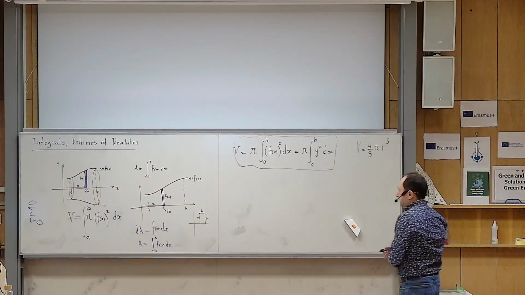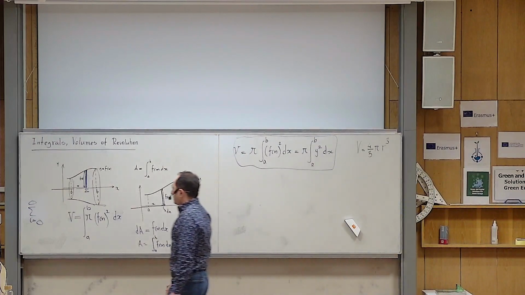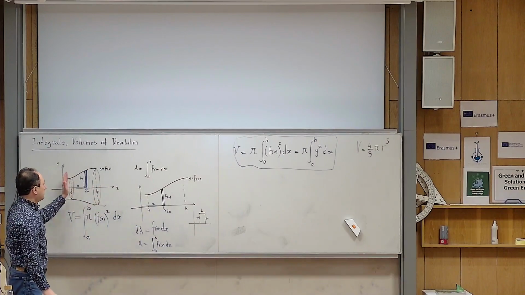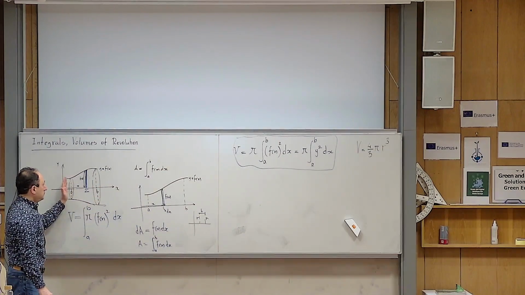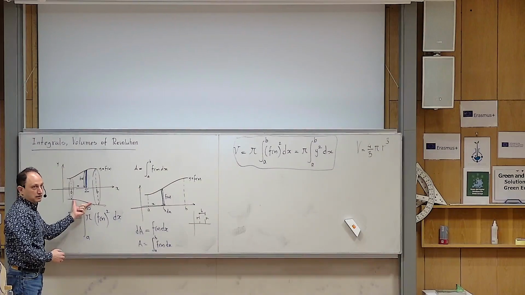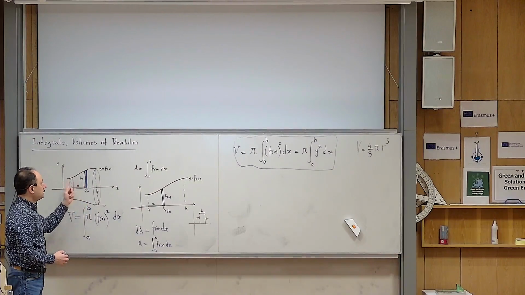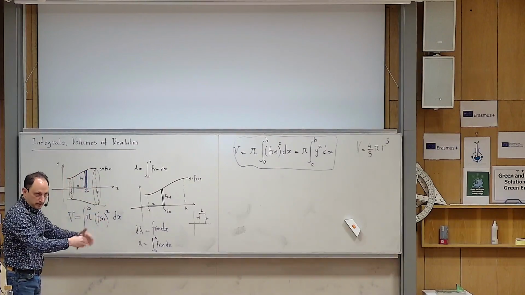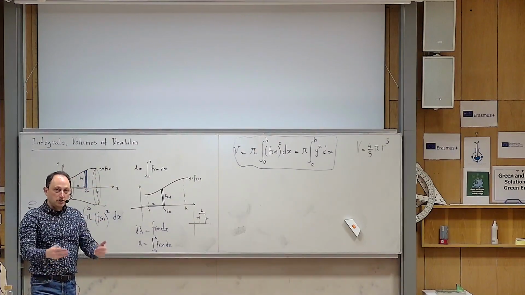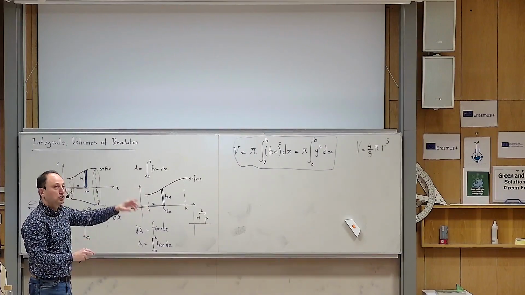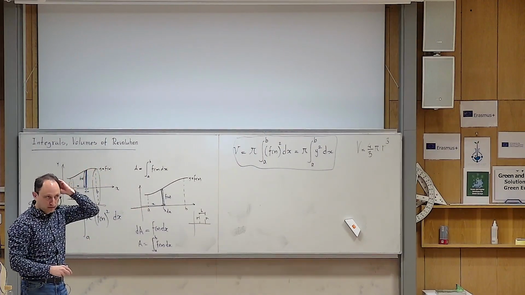But let me be careful. If I want to use that formula for the volume, do you remember I didn't start from the solid object in the beginning. I had a 2D object that was my area. I rotated it about the x-axis. I generated the volume. That formula tells me the volume of that generated object.